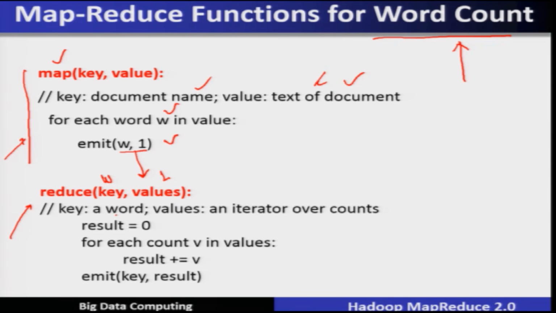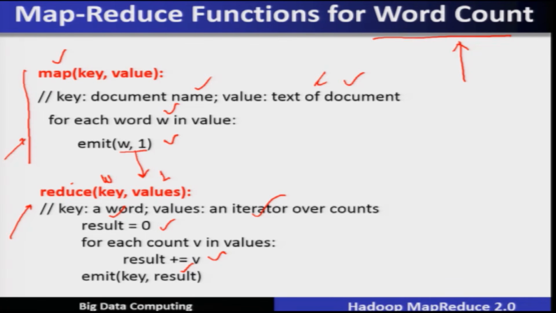So, here the key is the word and the values are the values grouped by key, and then the iterator has to operate over this set of values. Reduce will take all these values out of the iterator and do the summation, which results in how many times that key is appearing; that is, it will sum all the values.